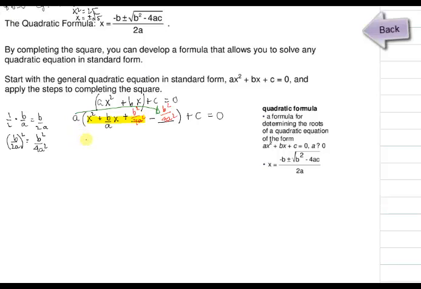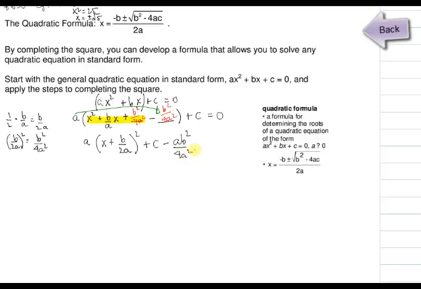So a bracket, I'm going to factor this first, so square root of x squared is x, keep the sign plus, and square root of b squared over 4a squared, you should get b over 2a, and put a square on the outside. Then I'm going to go a times b squared over 4a squared and combine it with the c, so plus c, and then minus, I'm going to multiply the b squared by a, so I get b squared over 4a squared.